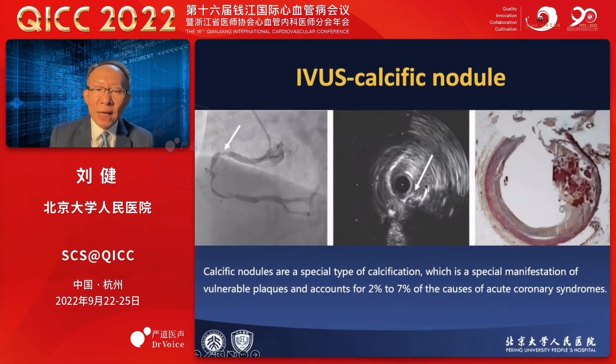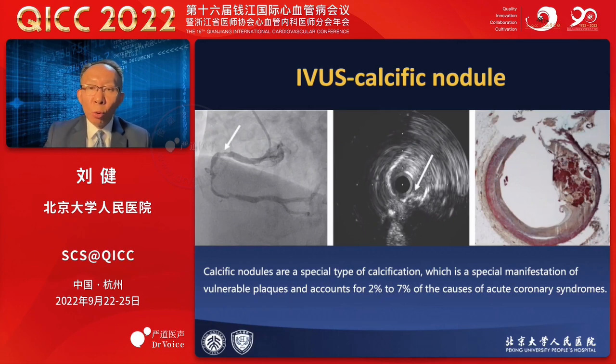And then for the calcified nodules, in early days, we thought that the calcified nodule is stable. But according to the study, we found that usually calcified nodules are frequently seen in the ACS, that is 2 to 7%. And the calcified nodule represents the plaque stability and also whether they have the ACS or not.